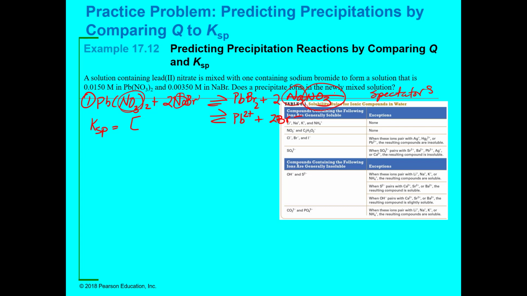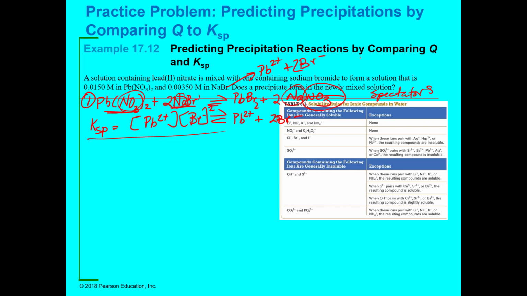So they just brought your solids in, or your liquids in, so that you could do this calculation. So the lead times the bromine squared, right? Because we have 2 bromines. So that's really going to be your KSP. All right, so everybody understand that? We're doing this plus this, and then we're producing ions because we're putting it in water.